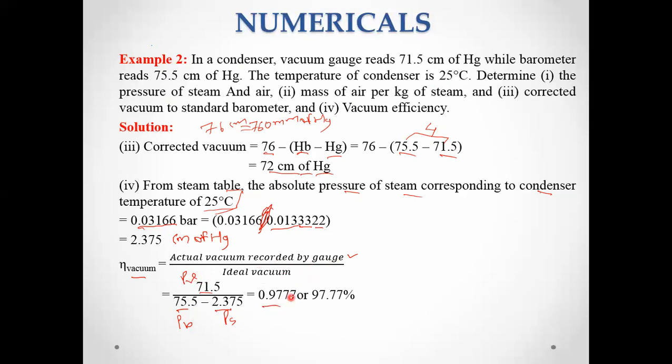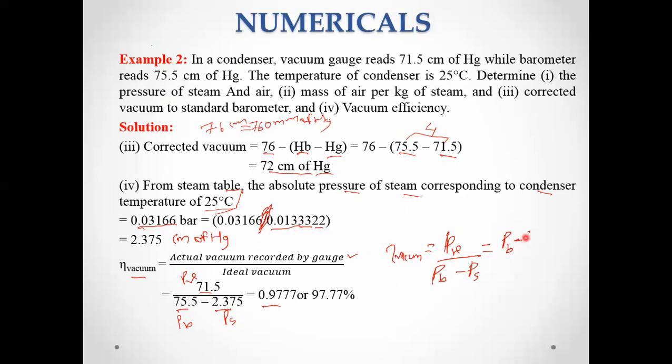So then we will get 0.9777 or 97.77%. You can write vacuum efficiency as PV, that is the actual vacuum recorded by the gauge, divided by PB minus PS.